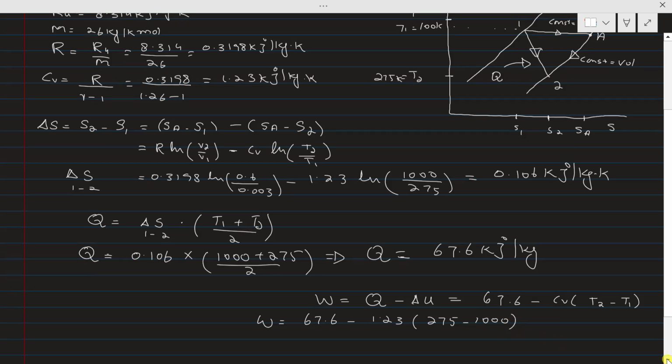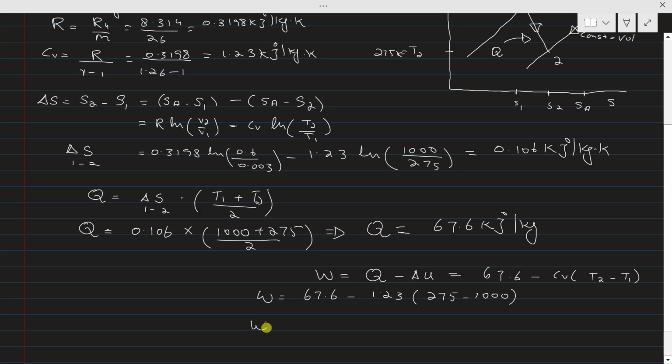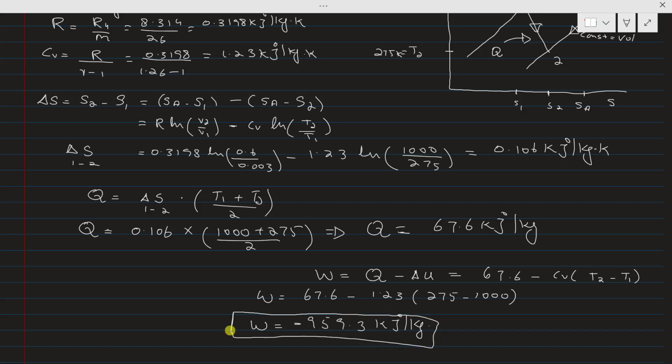So upon simplification you will get the work done by the system is 959.3 kilojoule per kg. Now this is work done by the system because expansion takes place in this process. That's why here you will write the negative sign, because work is done by the system in this problem 4.15, and that is our final answer.